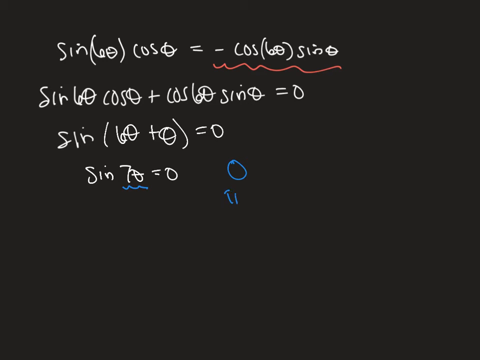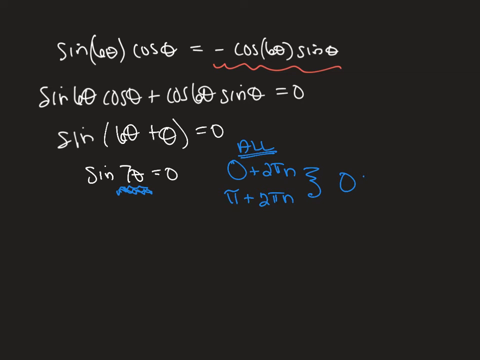0 and pi, right? So if we had to write it as all solutions, we're going to write it as all solutions first because of this whole 7 theta thing here. Remember, when it's just a simple theta, whatever we find just works, right? But when we do this, we've got to write all solutions because we're going to end up basically dividing this by 7. So 2 pi n, and actually these guys are on a straight line, 0 and pi.